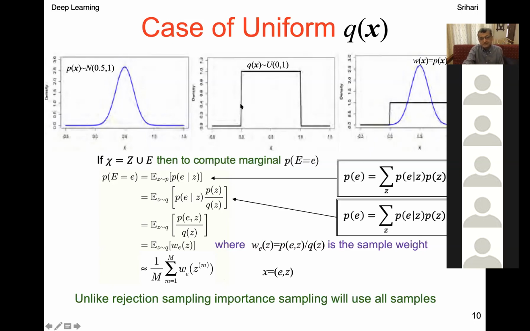The proposal is uniform, and this is the ratio of the two. This is how we compute the samples, and then we generate samples from this uniform distribution. And we have a weight associated with it. It attaches a high weight to samples in the middle here, and low weight to samples that go far away, based on the ratio of the two. So that's the idea of importance sampling.